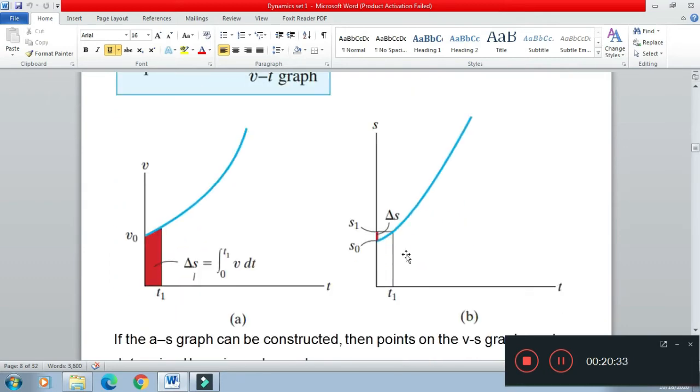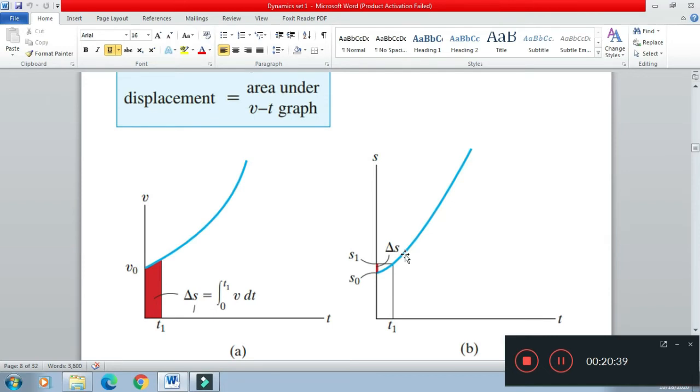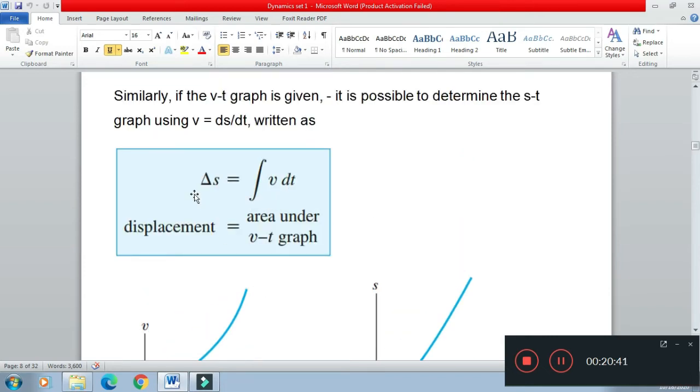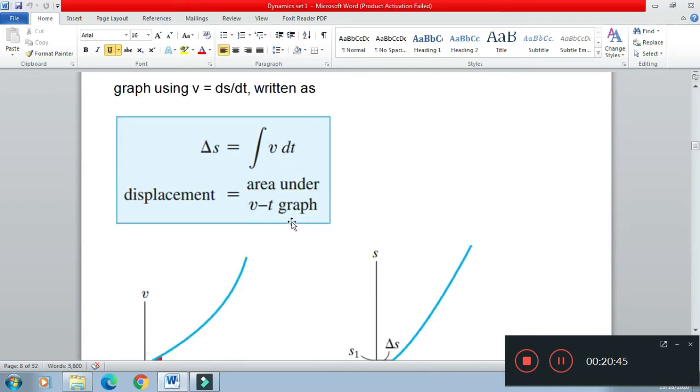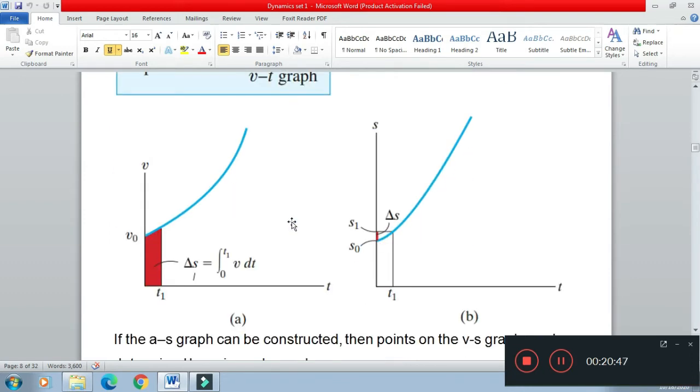Similar is the case for the position time curve. If the velocity time curve is given, we can plot the position time curve. The formula is delta S equal to V multiplied by dt, and here we assume that the initial position is known. Suppose initial position is 5, dt is 1 and velocity is 10.